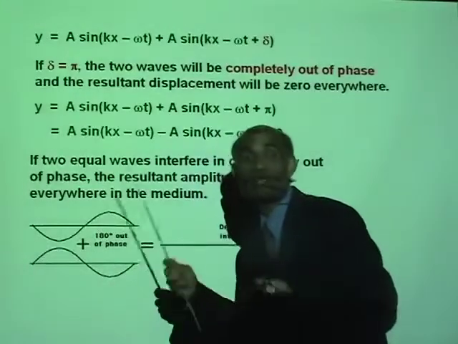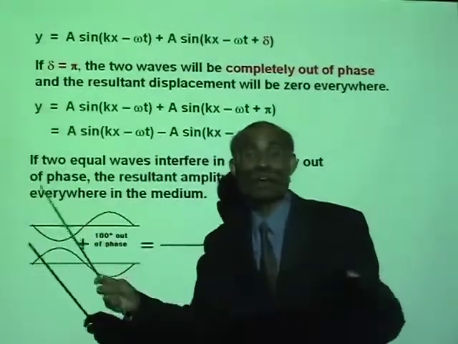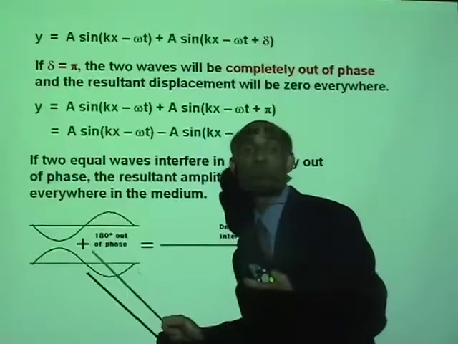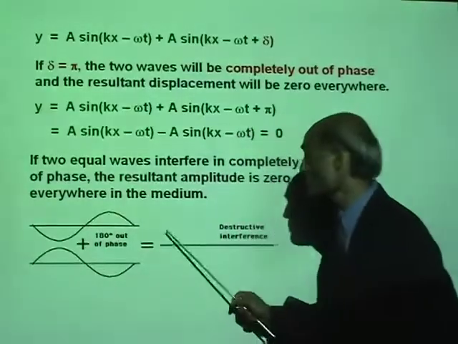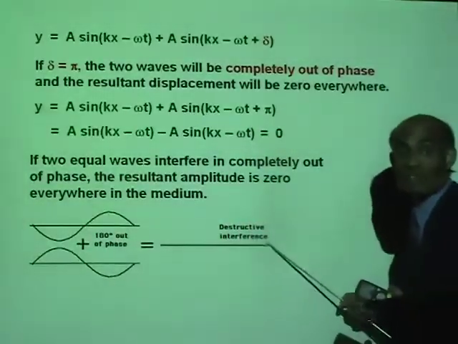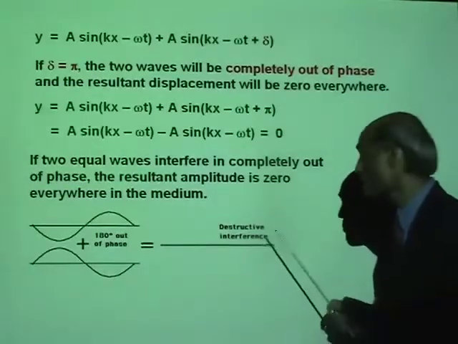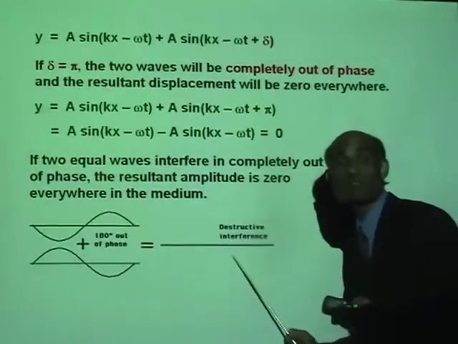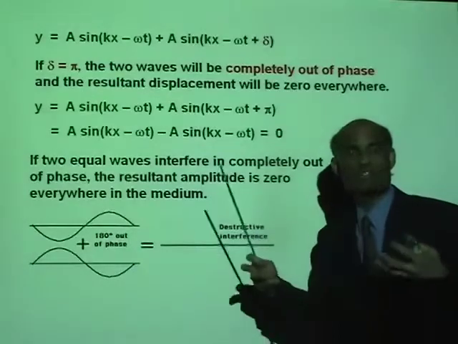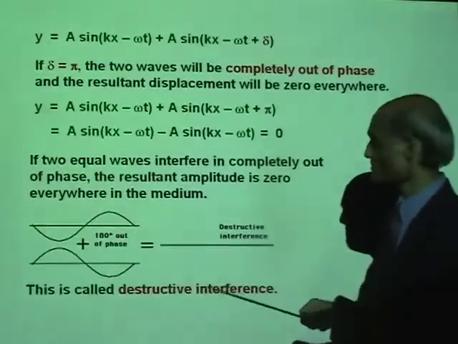These two waves are completely out of phase. What is the phase difference between these two? It's pi. What is the result? There is no displacement. And what do you call such an interference? It is called destructive interference.